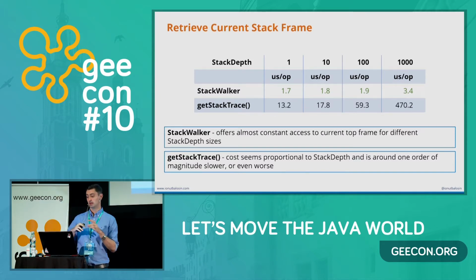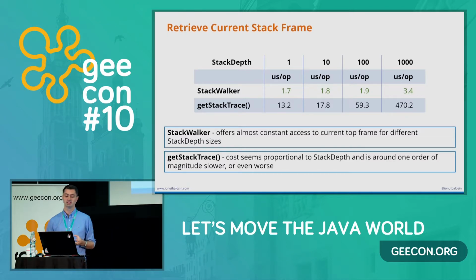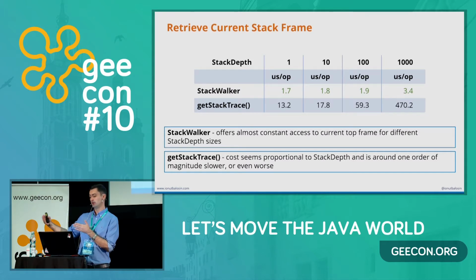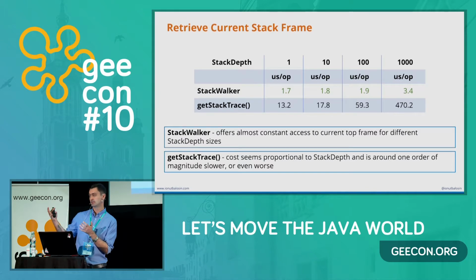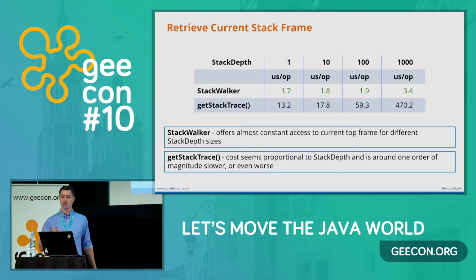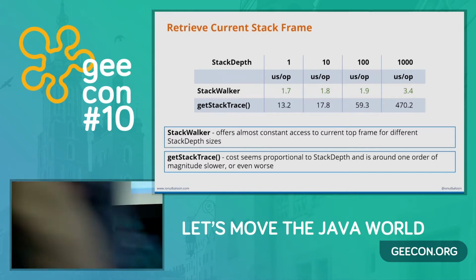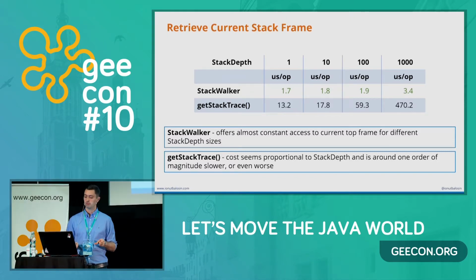And another noticeable remark is that getStackTrace is proportional to the depth. So for example, if we test even more and create a stack depth of 10,000, probably the StackWalker will be slightly slower, but getStackTrace definitely will be around 1 order of magnitude slower. So this is the idea, and this is the advantage of using the StackWalker API.